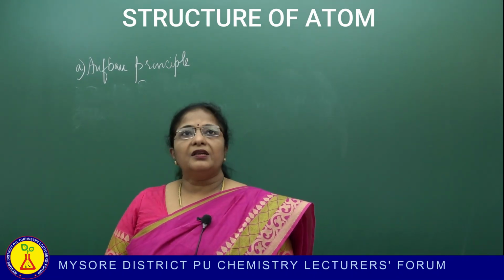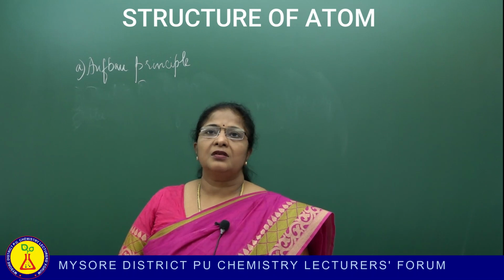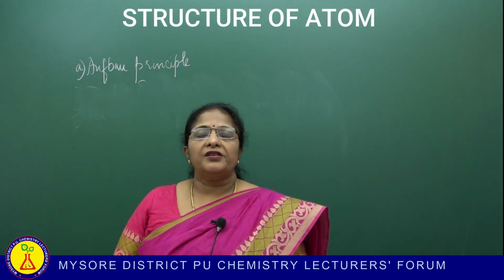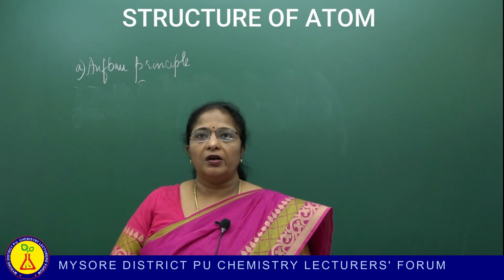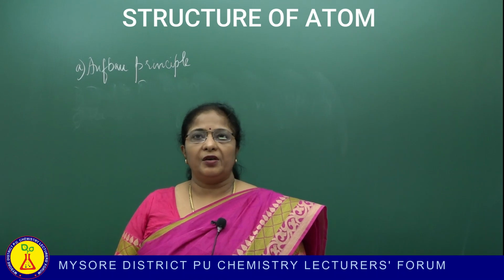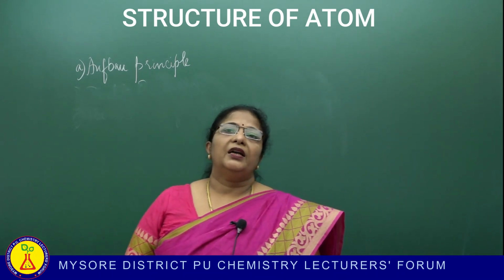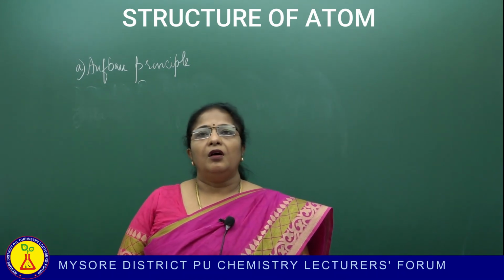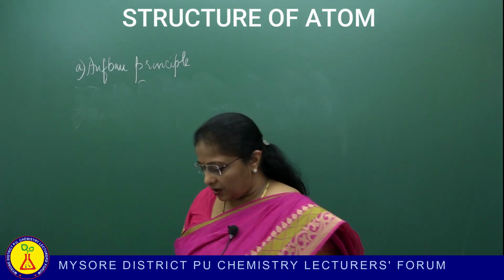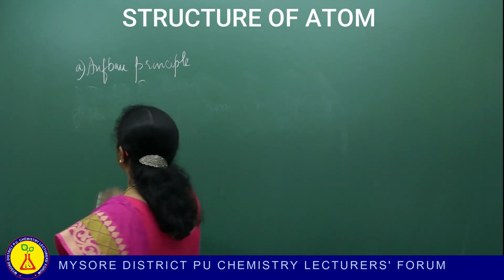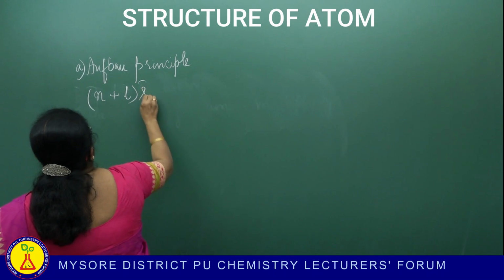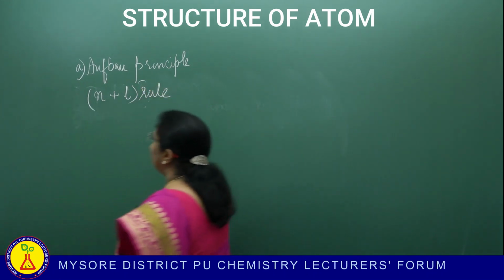Now how are the energy levels arranged? They are arranged in increasing order of energy, and how can we determine which has a higher energy level or which has the lower energy? That is based, as I told earlier, on the n plus L rule.